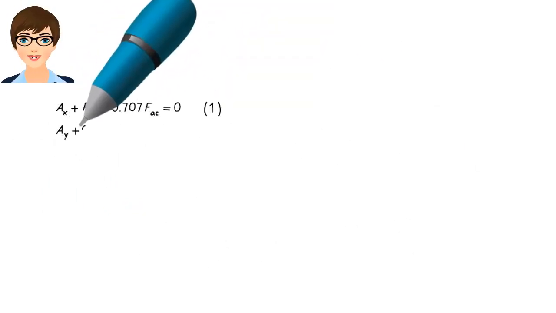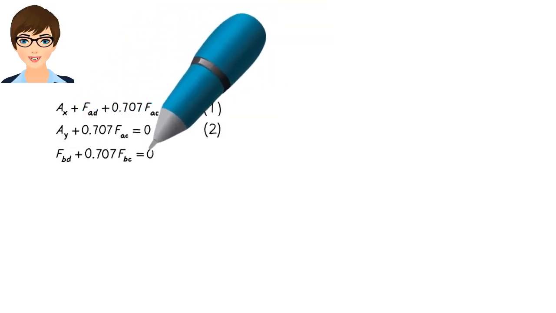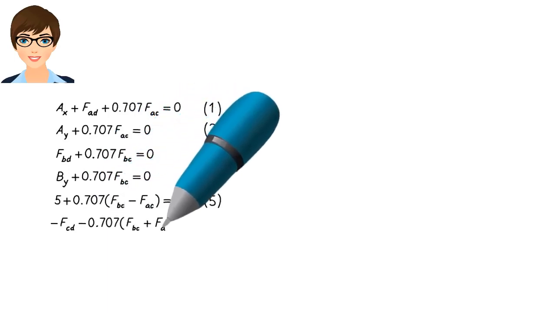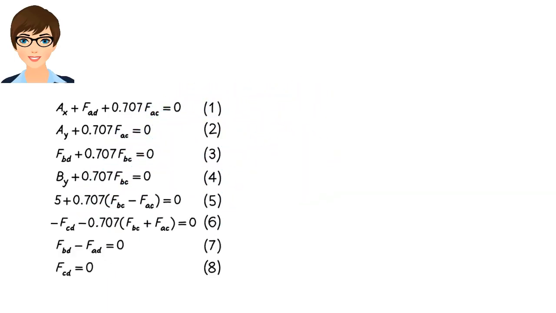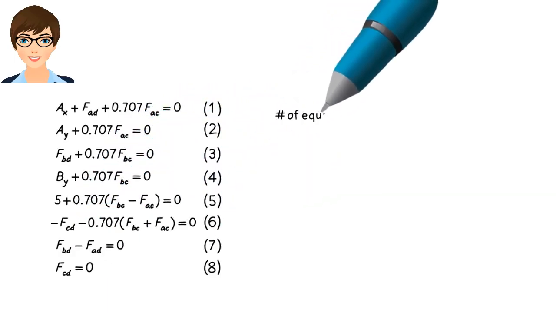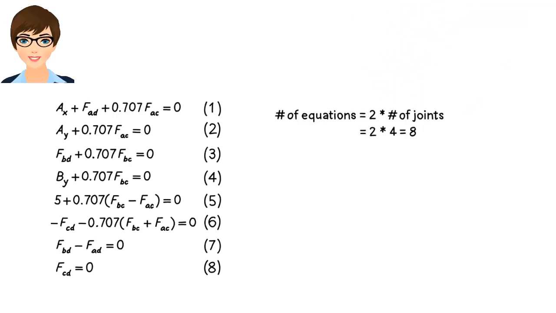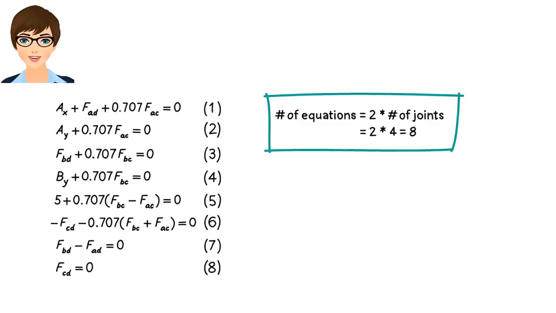So, we have 8 equations and 8 unknowns. We formulated 2 equations per truss joint. Therefore, the number of equations equals 2 times the number of joints.